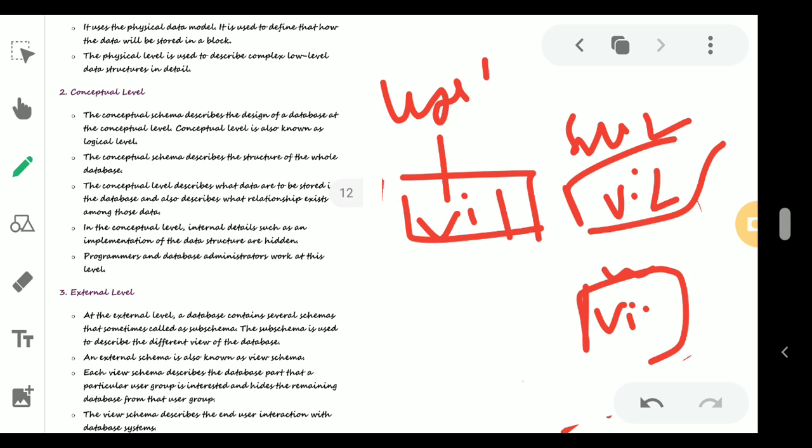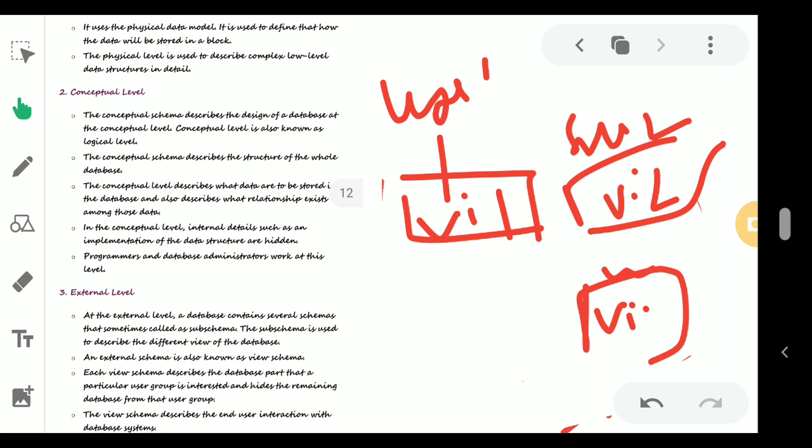Whatever user 1 is able to view, user 2 may not, because there are criteria. The whole database cannot be seen by a user. Only an instance of a table is shown, because depending upon the query raised by the user, only that part of the answer is shown. So the view or external level is the highest level of data abstraction.